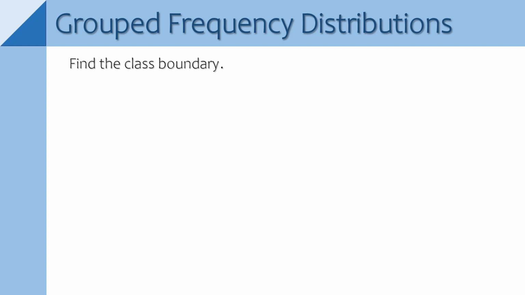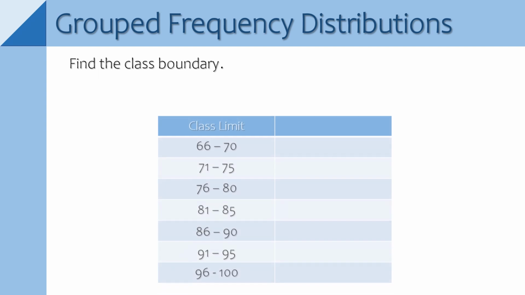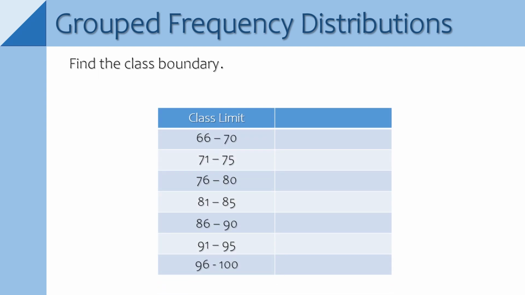Okay, next, let's find the class boundary. Madali lang si class boundary. Ang magiging basis natin ay si class limit. For the class boundary, ang gagawin lang natin, magma-minus tayo ng 0.5 sa lower limit at mag-a-add tayo ng 0.5 sa upper limit. Paano yon? So, let's start with the lower limit as 66.